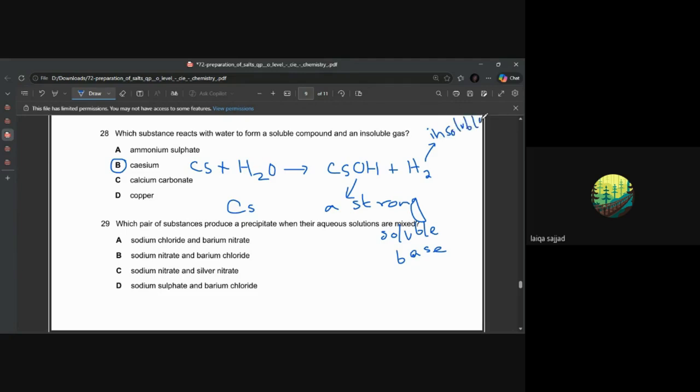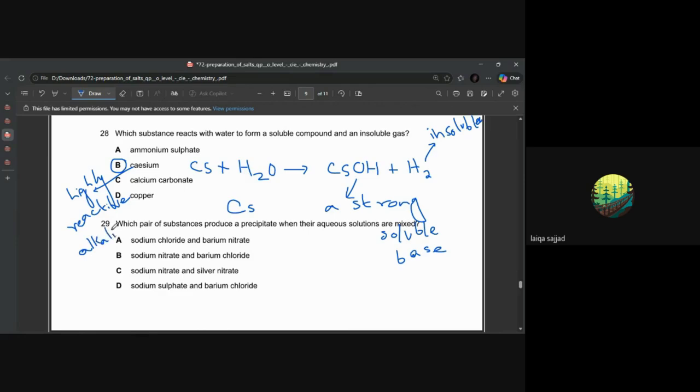And this cesium is a highly reactive alkali metal.